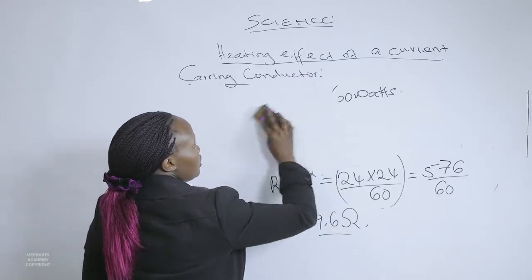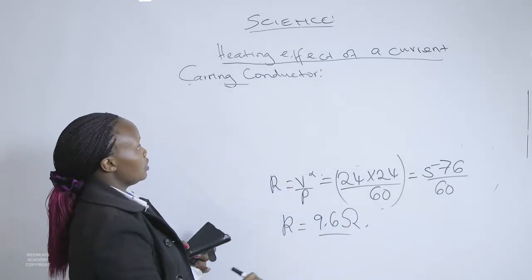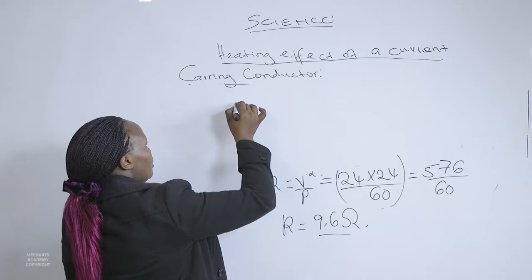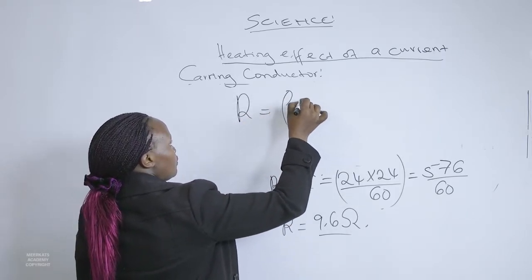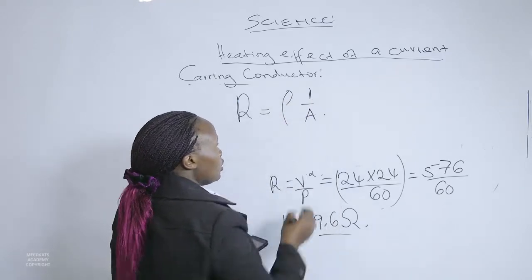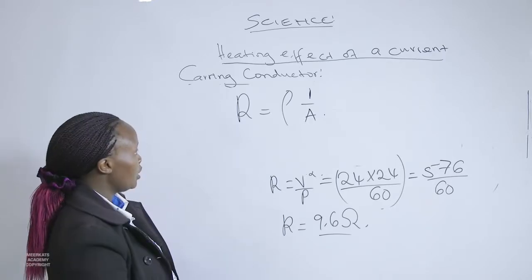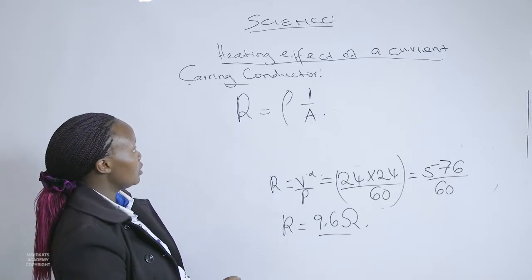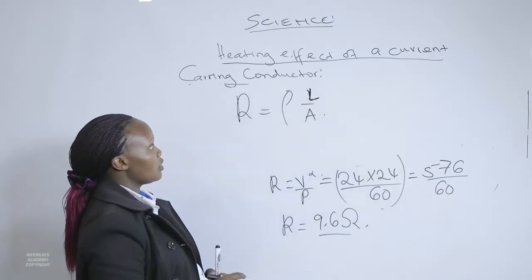Now, with the resistance, we can use the equation of resistivity, where we have resistance being equal to resistivity multiplied by 1 over cross-section area, and not 1 but L for length.